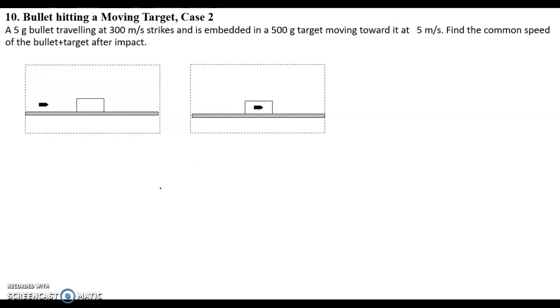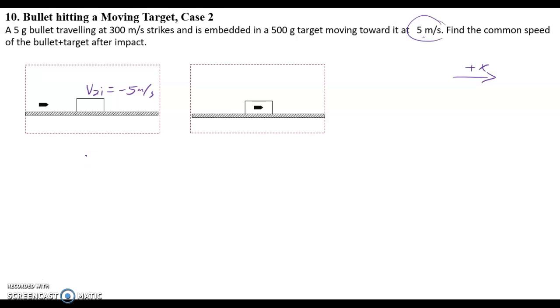Here we have a similar problem, except that the target is moving toward it at 5 meters per second. So if to the right is our positive x direction, that means this V2I equals negative 5 meters per second.